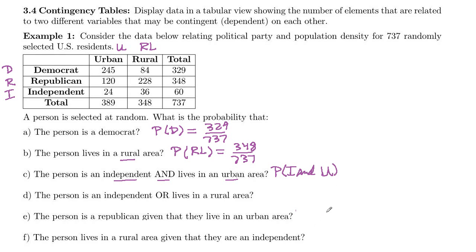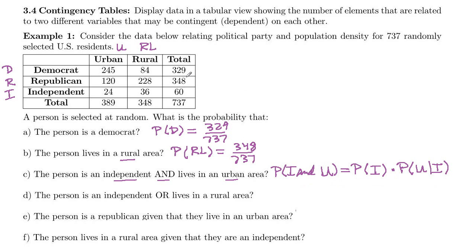So, I and U. Well, we can do the first one, I. So we can do probability of I times the probability of U given I. So that's a multiplication rule.